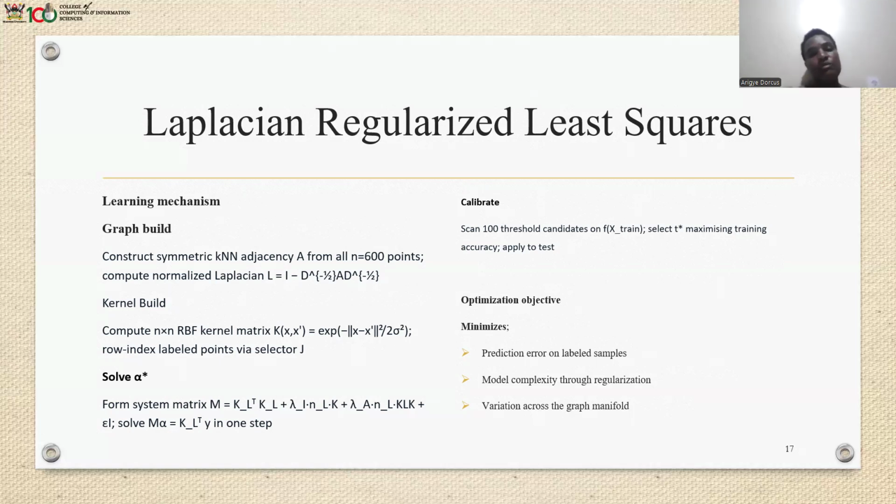So unlike the label propagation, this is solved in a single step using matrix operations. And here the key parameters include the regularization strength, the graph smoothness weight, the kernel parameters, and the number of neighbors in the graph. This ensures stable and consistent predictions across similar patients.